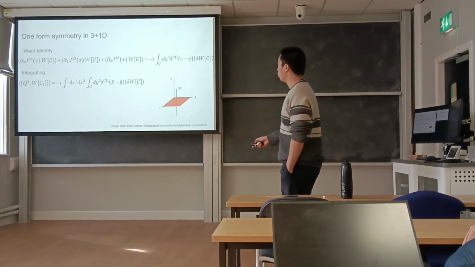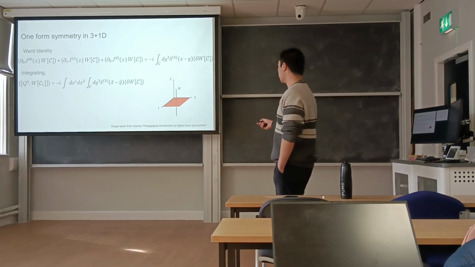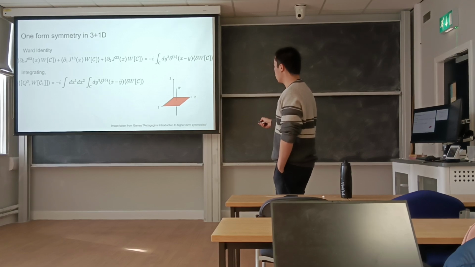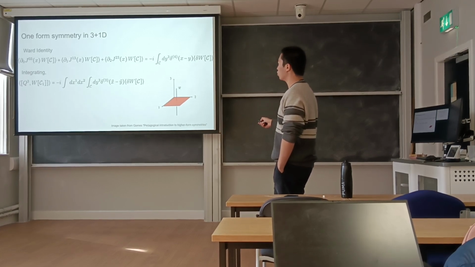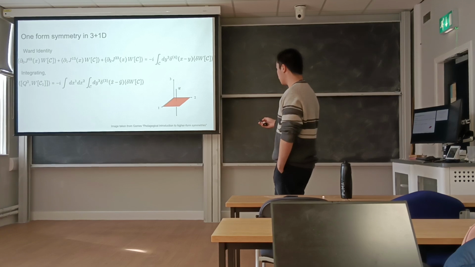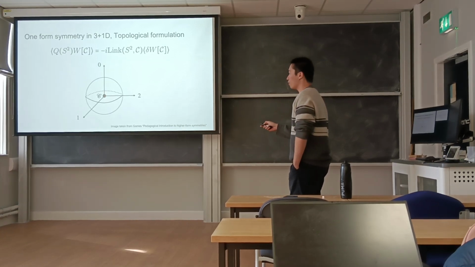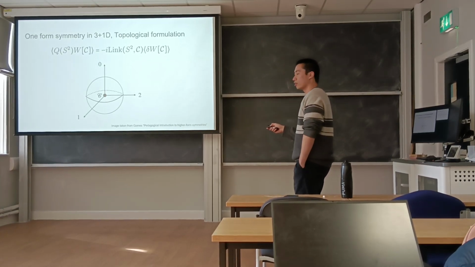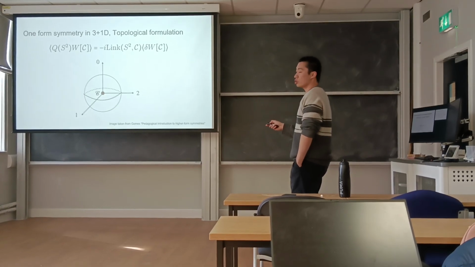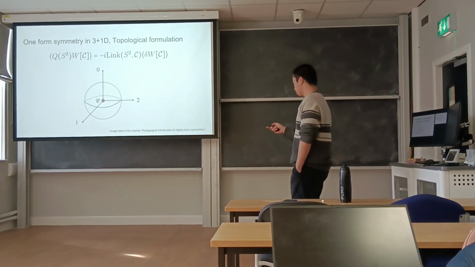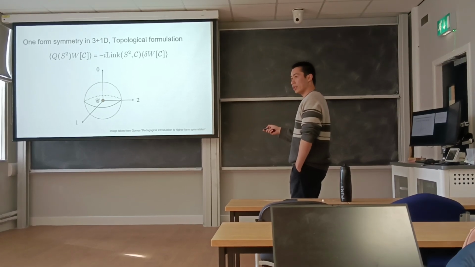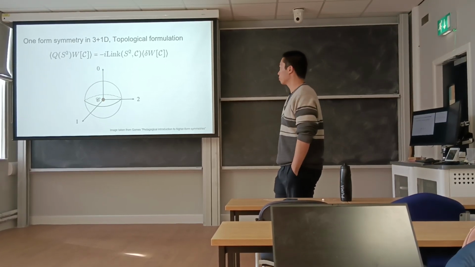But let's say we shrink the dimension parallel to C to a point. And we can see that here we have, in fact, again, a link. So we have this 2-sphere encapsulating this C if we shrink it down to 1 dimension.